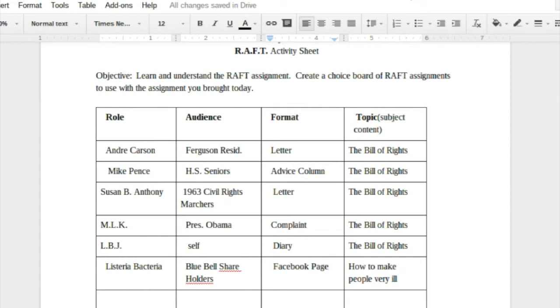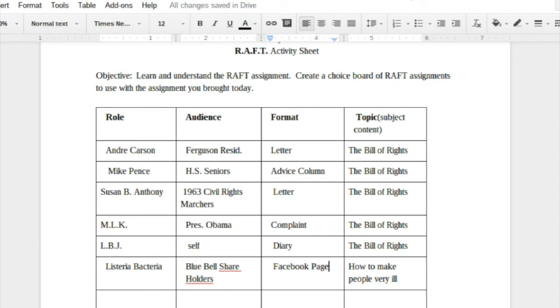Then the next one, LBJ, former president. In the audience, he's just writing to himself, which is an interesting turn, and he's writing in the format of a diary, again his own thoughts about the Bill of Rights. So what kind of knowledge would the kids be demonstrating as they pick these topics and write about them?